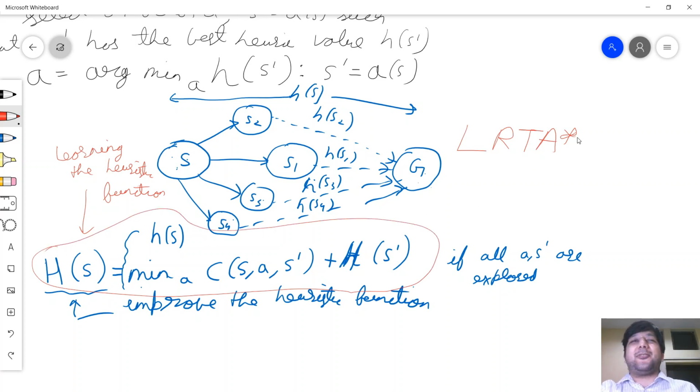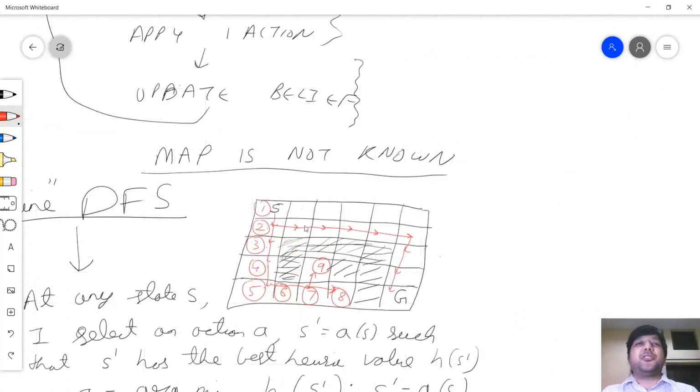So that's what I call LRTA-star, where you make all the immediate motion. So you reason, is this better? Is this better? And whichever has the best heuristic value, you choose this one.